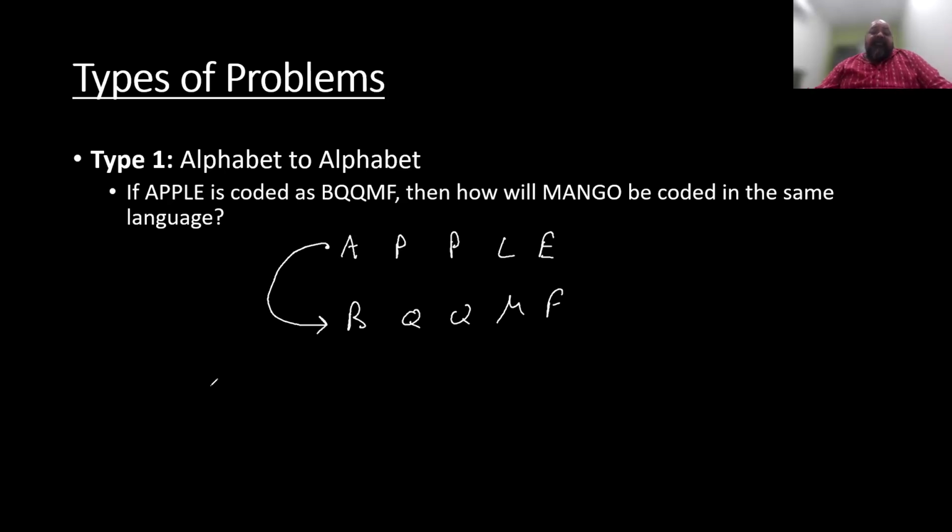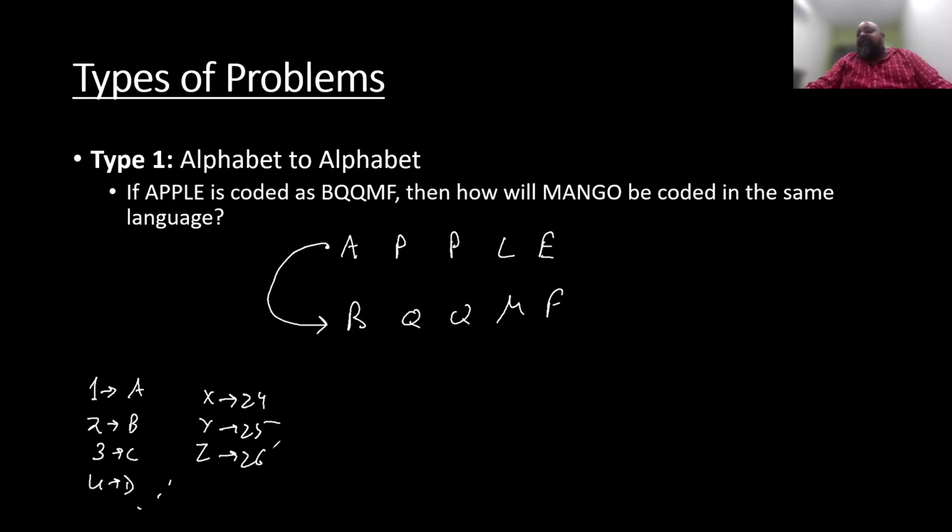What is the forward number value? I give the value of 1 to A, 2 to B, 3 to C, 4 to D, and so on. So X will be 24, Y will be 25, Z will be 26.